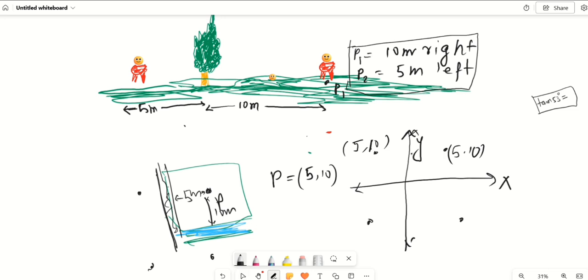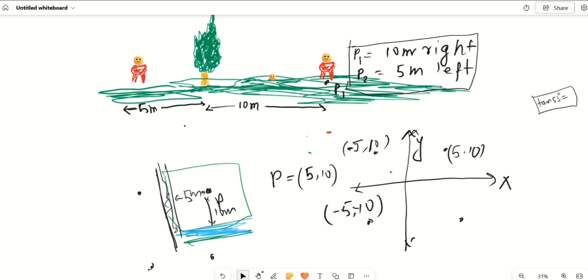So in this case this one is going to be positive, but here 5 is to the left of this, so 5 will be negative and 10 will be positive. Similarly in this one, suppose 5 and 10, but here this one is negative and this one also is negative, since this one is positive, right? That's why this part will be negative, so minus 5 minus 10.